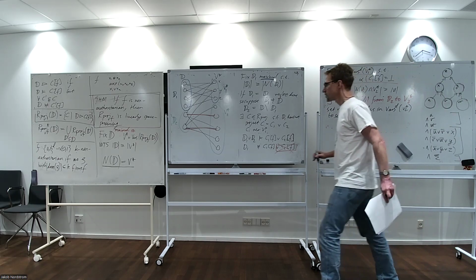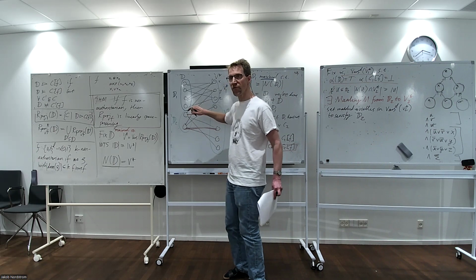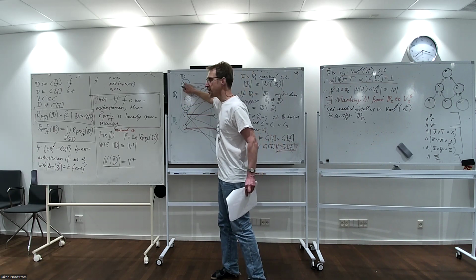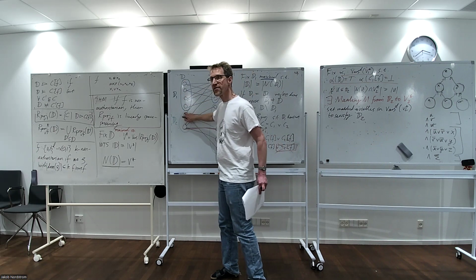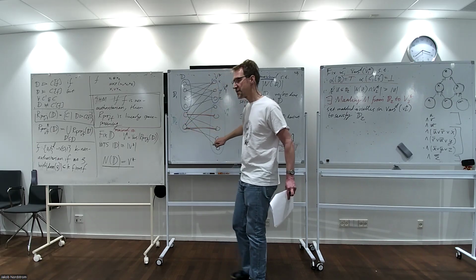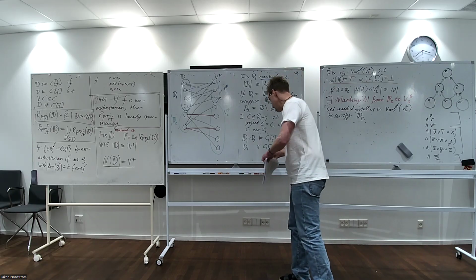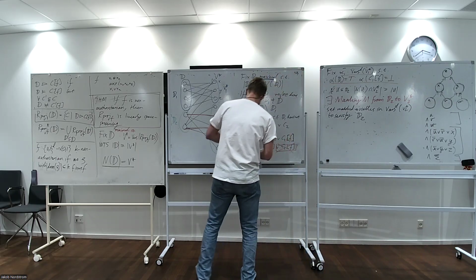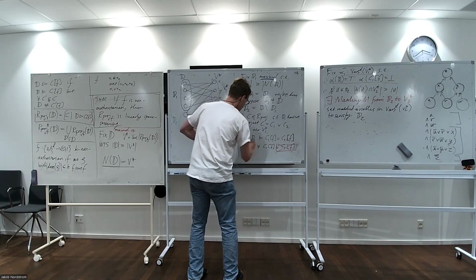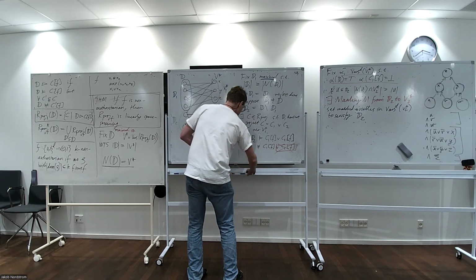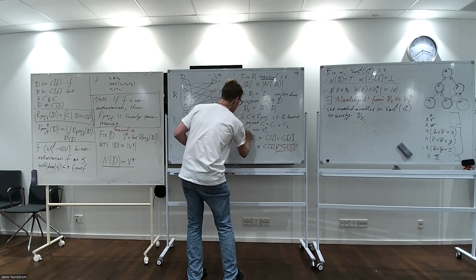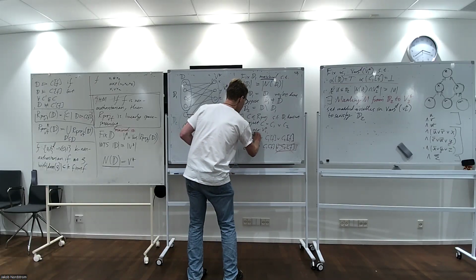D2. So now, so far I have satisfied everything here. I've also satisfied everything here. I have falsified. Okay, so let's see. What do we have so far? This is satisfied. This is satisfied.